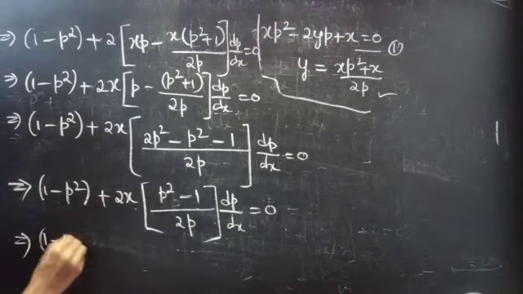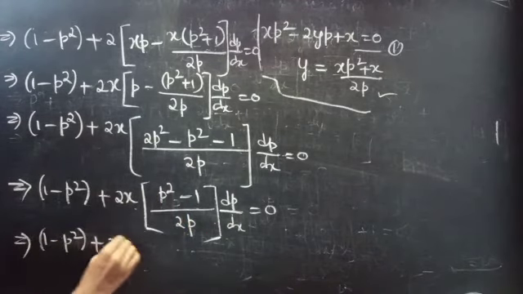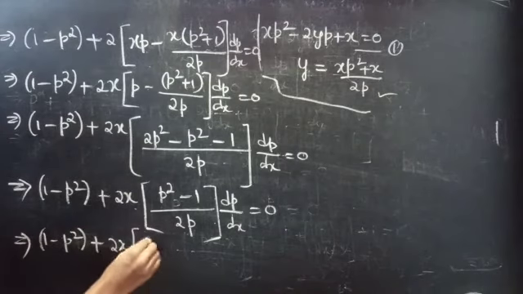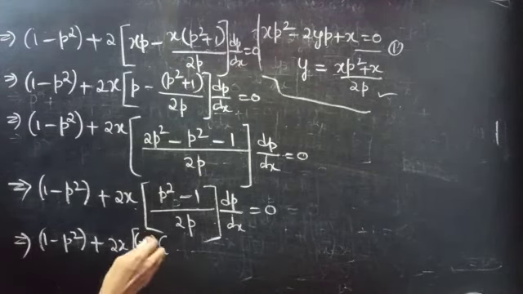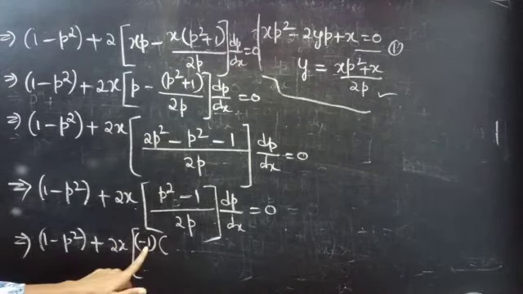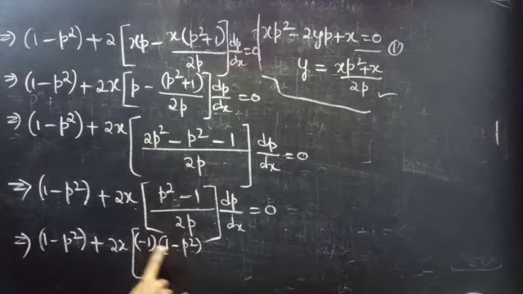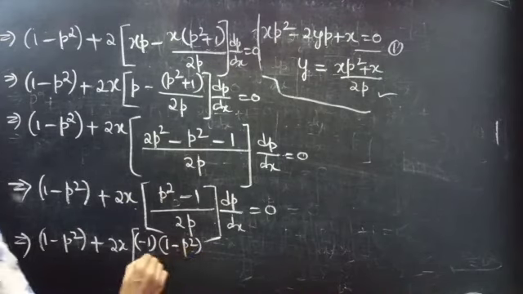Then 1 minus p square plus 2x into, we'll take minus 1 common. So minus 1 into (1 minus p square): minus 1 into 1 is minus 1, minus into minus plus p square. You'll get the same thing.